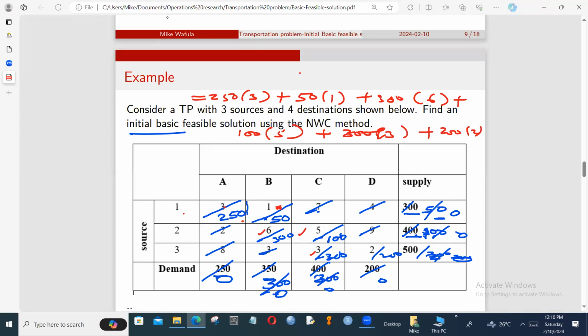We sum that. So 250 times 3, 50 times 1 is 300. You get what? $4,400. Yes, thank you.